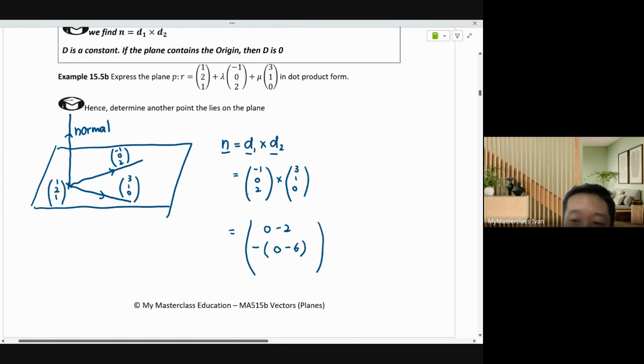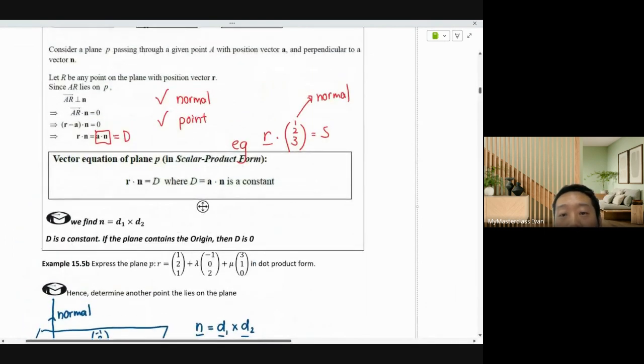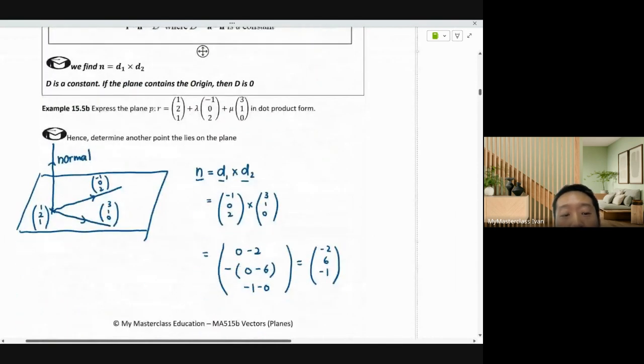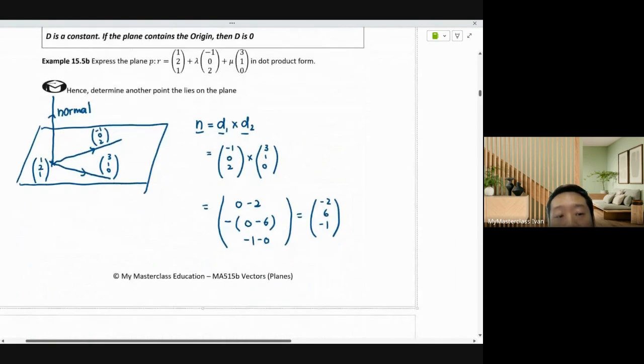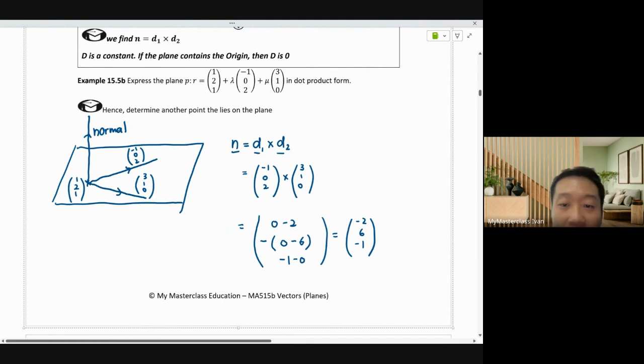Okay, and then cover the third row, minus 1, minus 0. Okay, so the normal is minus 2, 6, minus 1. Okay, so this is a normal. Yeah, they're perpendicular to the plane. Perpendicular to two vectors.